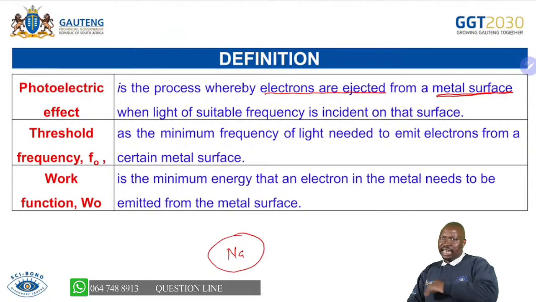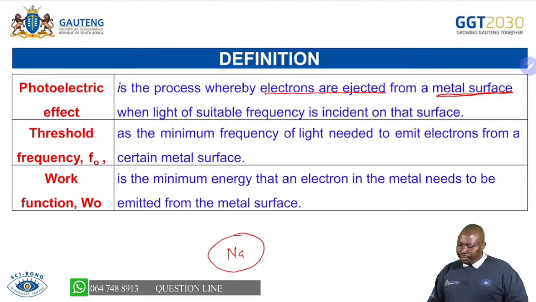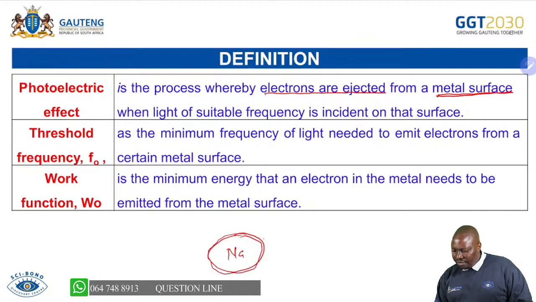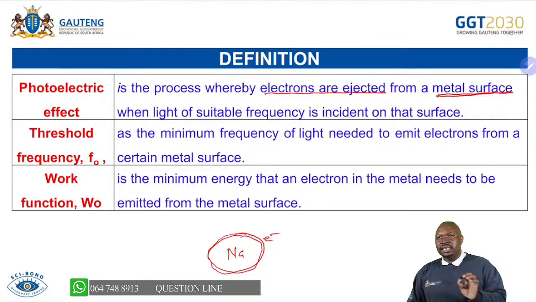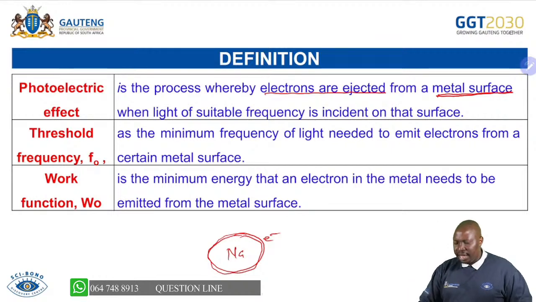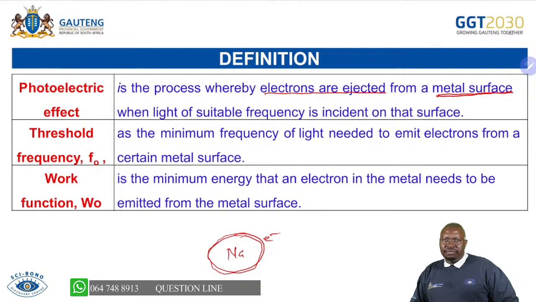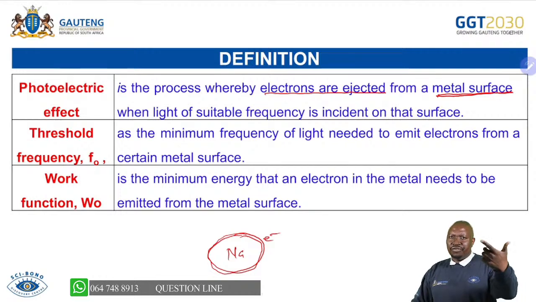All those are metals. And then we're saying the removal of electrons from the metal surface, on the surface of the metal, we have electrons. In grade 10 as well, you have done bonding. You did covalent bonding, which is the sharing of electrons. You have done ionic bonding, which is the transfer of electrons.